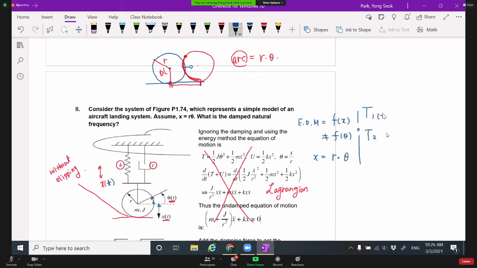In translational motion, this is the moving disk, up and down, means 1/2 disk mass times x dot squared. Am I right? If you just copy and paste without understanding, you try to memorize, you cannot solve my problem.